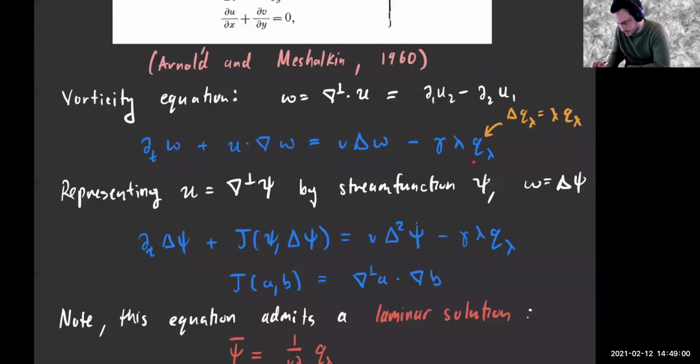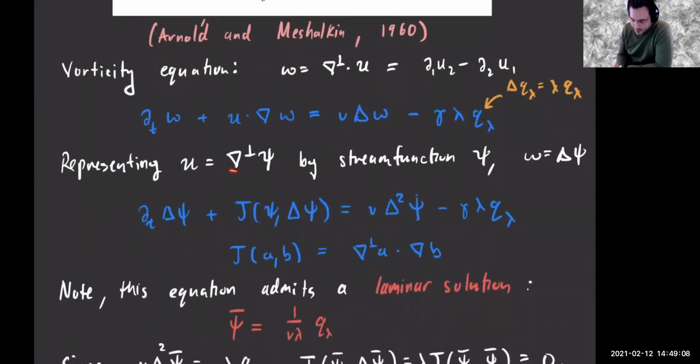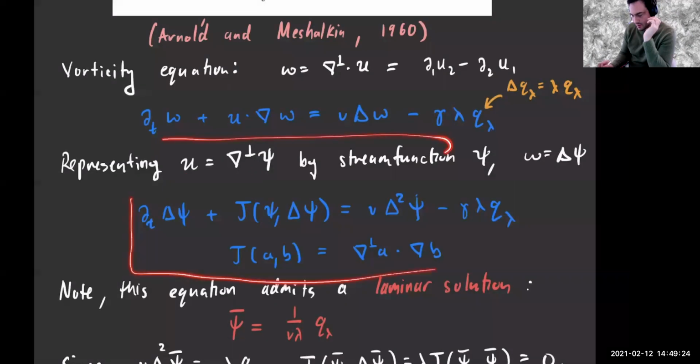Now, this force, again, I remind you, is an eigenfunction of the Laplacian with eigenvalue lambda. So if you introduce now a stream function, remember this U is just a 2-dimensional divergence-free velocity field, so we can represent it by a scalar function psi, the grad perp of it, then this equation just reads this right here.